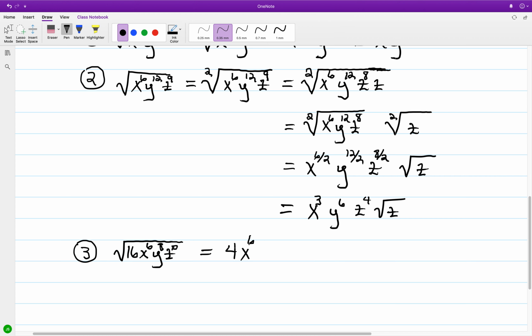Square root of x to the 6th, looking at the second root, you have x to the 6 halves, y to the 8 halves, and z to the 10 halves. And in the reduction, you got 4 x cubed, y to the 4th, and z to the 5th.